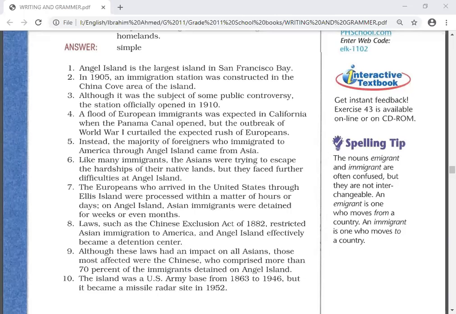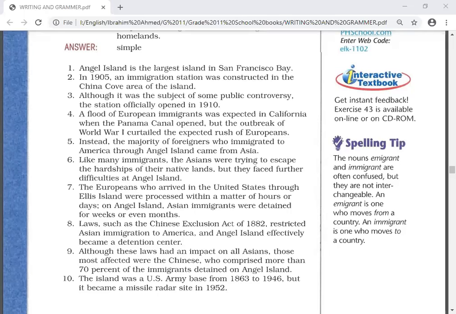Compound complex. Perfect. Why? The Europeans who arrived in the United States through Angel Island: the subordinate one begins with "who."